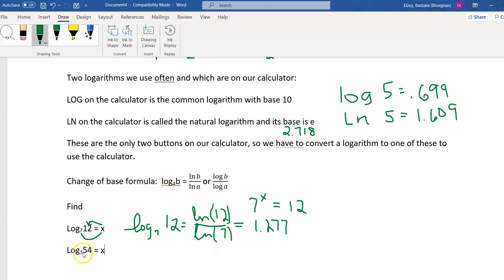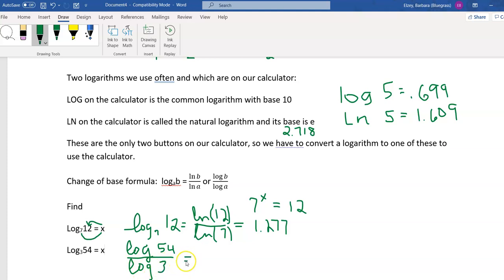All right? So let's do the same thing for this one. We'll find that if we do our little circular rewrite, we'll get something bizarre like this that doesn't work out perfectly. So let's instead use the change of base formula. This time, just to be different, I'll use the log button instead of the ln button. So I'll have log of the argument 54 over log of 3, the little bitty base, always on the bottom.